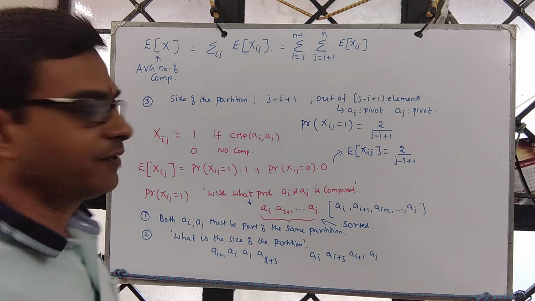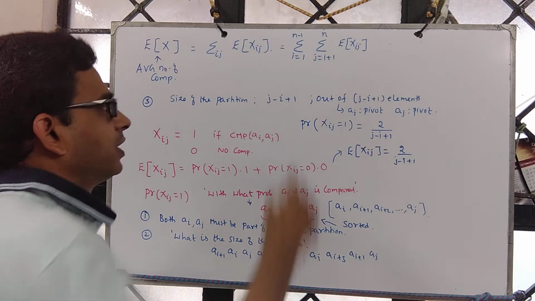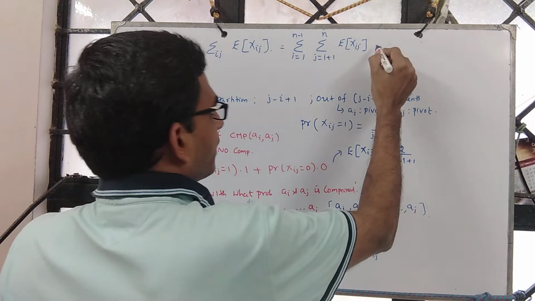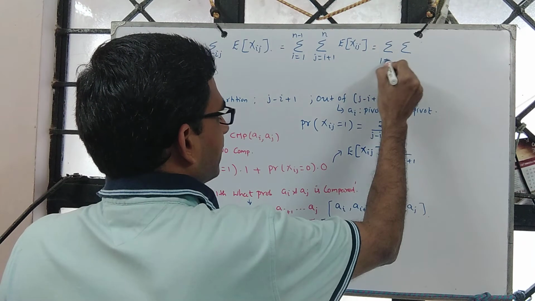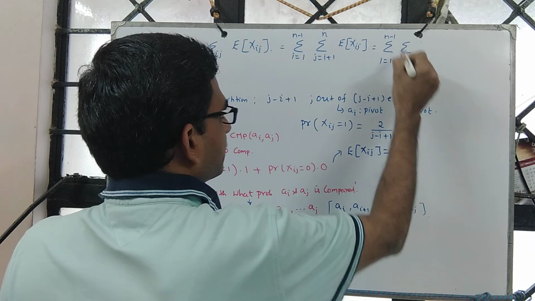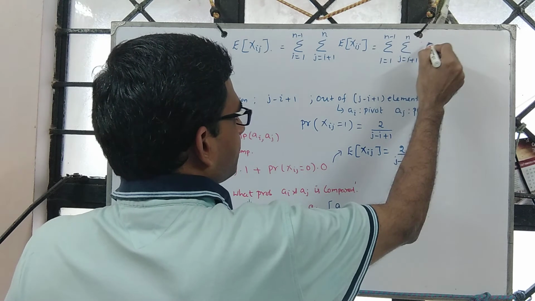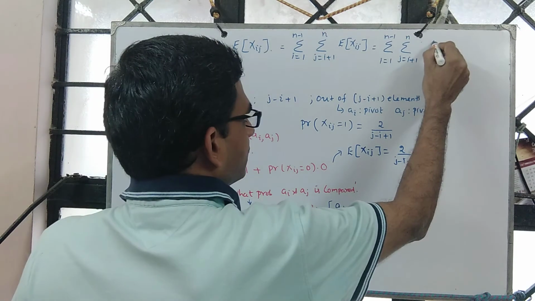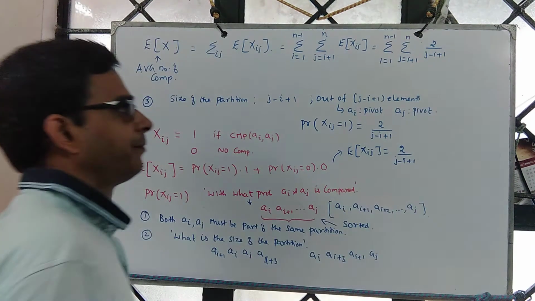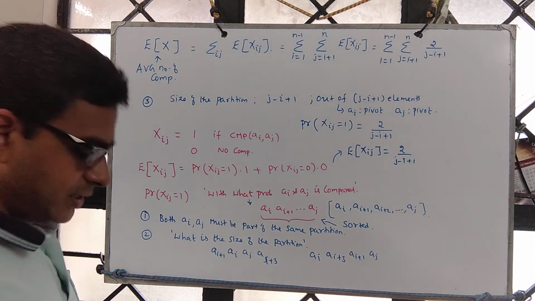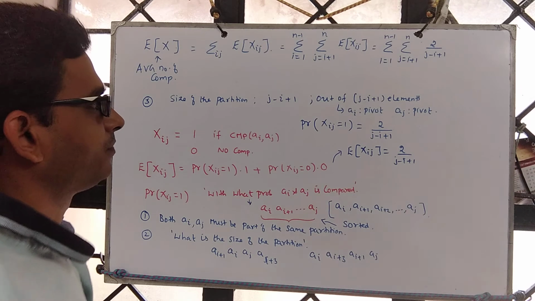Correct? i can take values from 1 to n minus 1, j can take from i plus 1 to n. So this is the summation i equal to 1 to n minus 1 and j equal to i plus 1 to n, and the expected value is 2 divided by j minus i plus 1. Now we just have to simplify this. With that we are done.